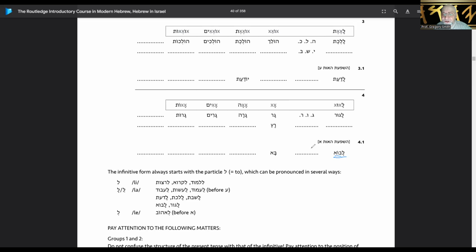So what's the shoresh here? What is the root? Okay, so in this one, it is somewhat distinguishable. You can see the vet, you can see the vav, and you can see the aleph. So that's what the root is. We have the vet, the vav, and the aleph. So it's vet, vav, aleph is the root.